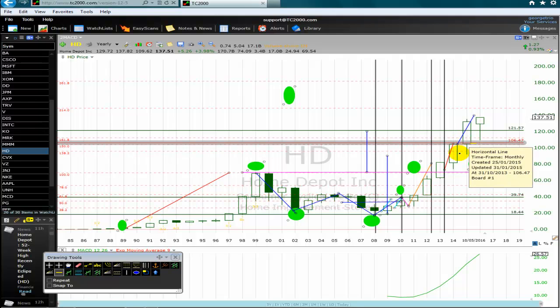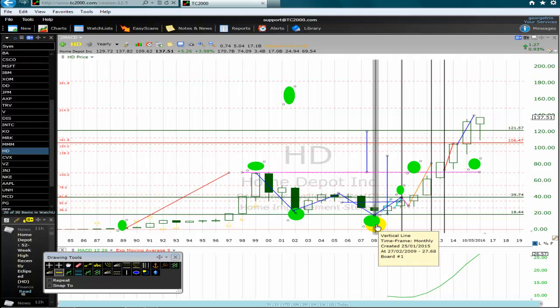It could have come down, and then formed a complex third Elliott wave, the third wave of the bigger cycle. First wave of the bigger cycle, second wave of the bigger cycle, and this is the third wave of the bigger cycle. If it did pull back, we would be talking about a complex wave.